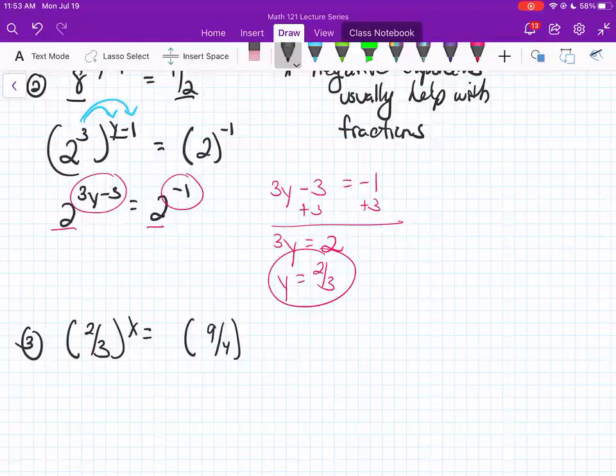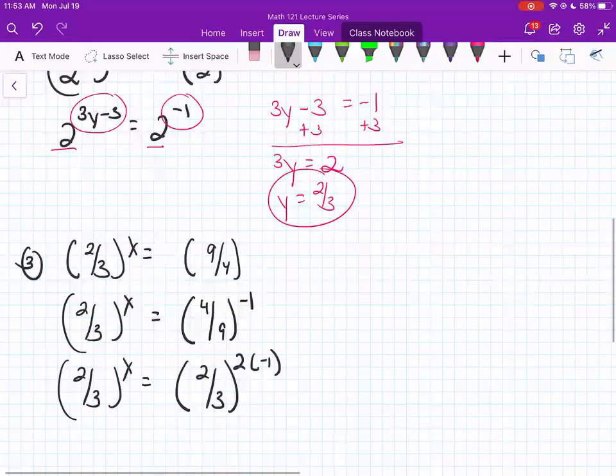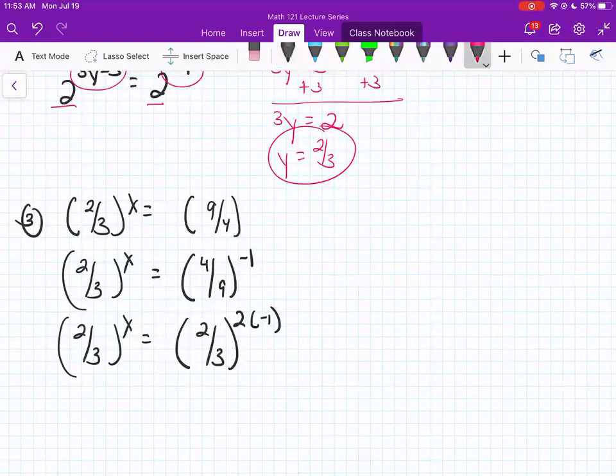Notice here, it doesn't seem that our bases are going to be able to match, but consider that we could flip this fraction and make it to a negative 1 power, and now we can get our bases to match by making this 2/3 squared to the negative 1. Since our bases match, our exponents must match, leaving us with x equals negative 2.